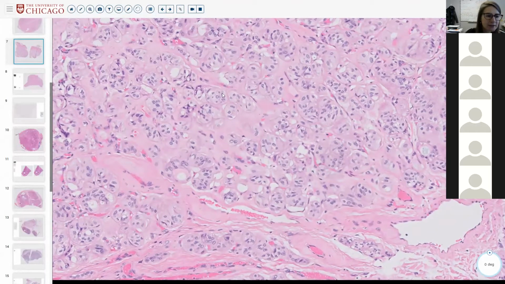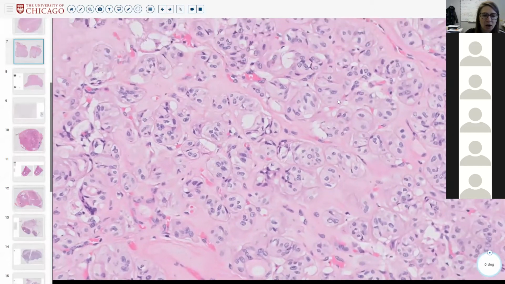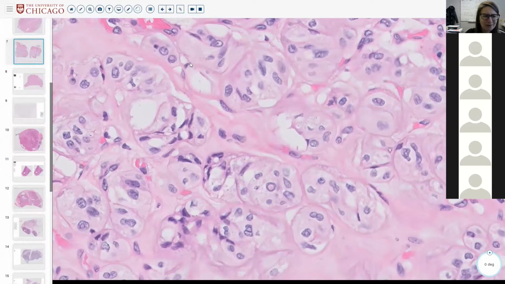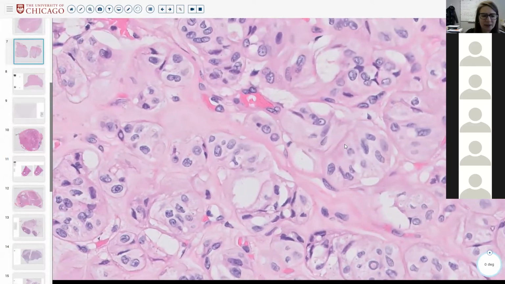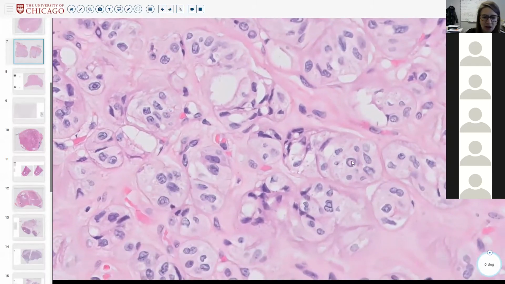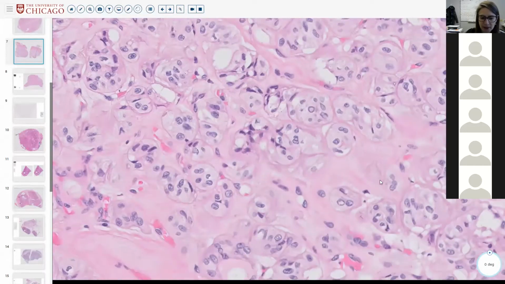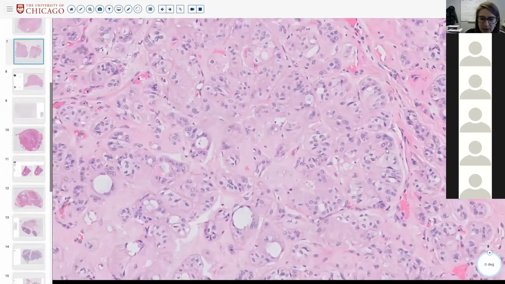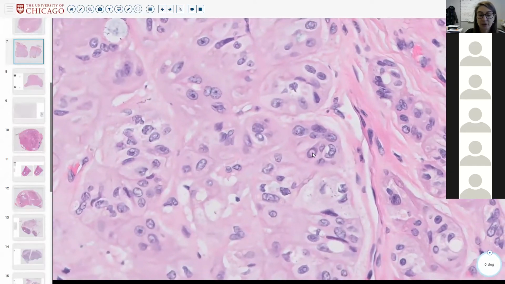Excellent. And the nuclei are grooved, elongated, and have what appear to be pseudo-inclusions, right? The centers of these are eosinophilic, just like the cytoplasm. They're in only occasional nuclei, not in all of them. So it's probably not an artifact, right?